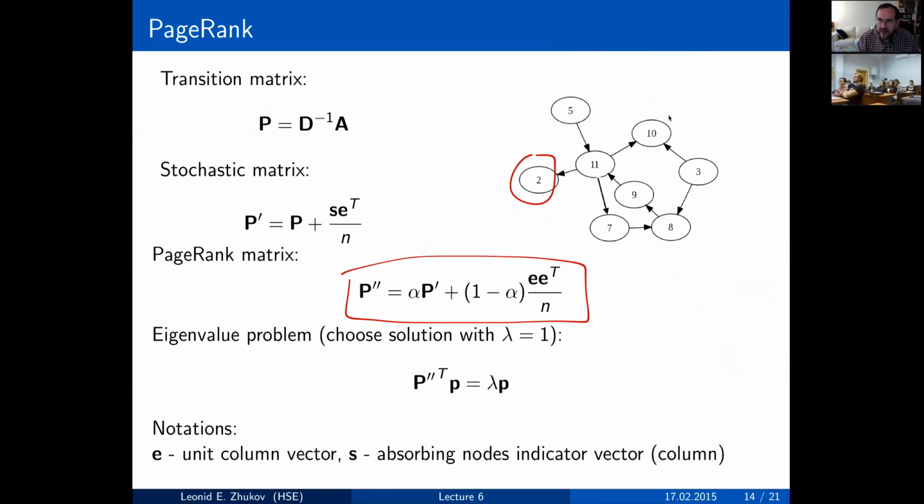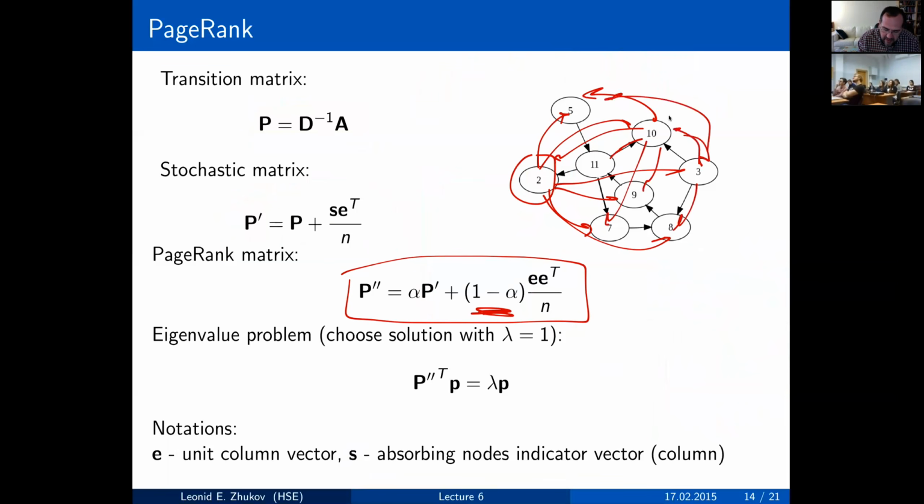So for them, these virtual transitions will have probability 1. For other nodes, the virtual transition will carry the weight, or probability, 1 minus alpha. So these virtual links will go from this node to every other node, and from this node to every other node, et cetera.